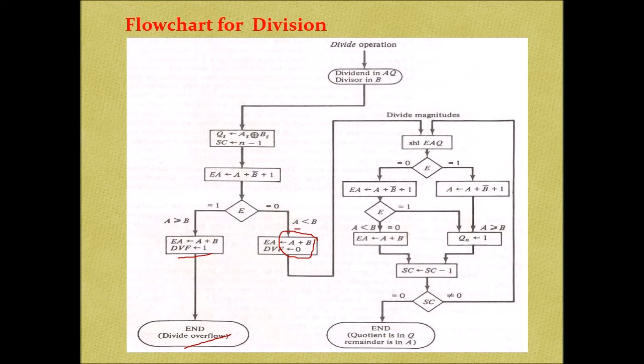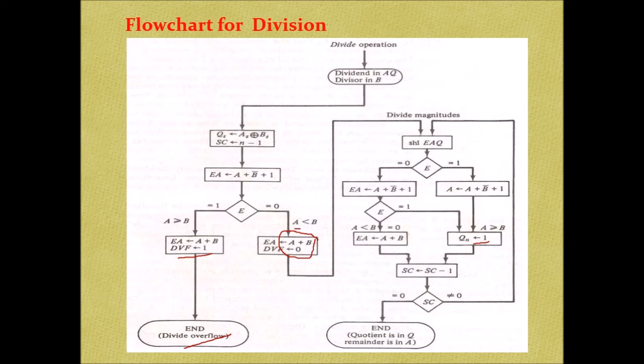So in the first step of the division operation, we have to shift the EAQ. E is the flip-flop, A and Q are the two registers. After shifting that, we check the value of E. If E is equal to 1, then we will subtract A minus B, and after that Qn, the least significant bit of the Q, now becomes 1, or we have to put 1 in the Qn.